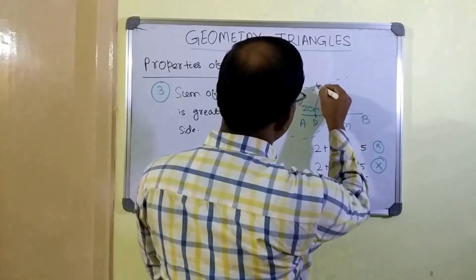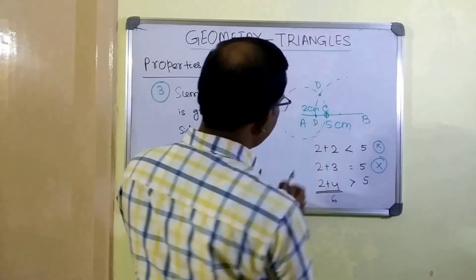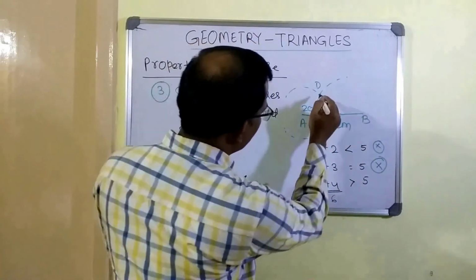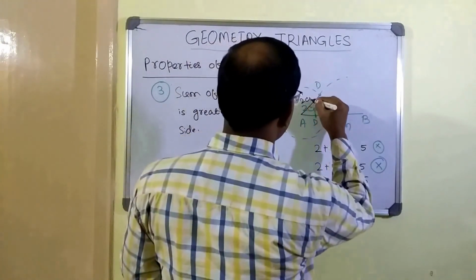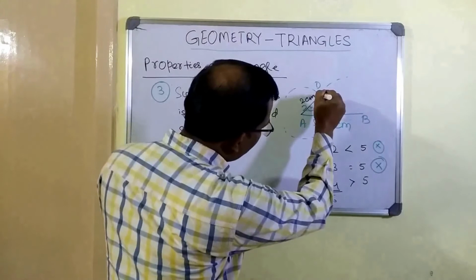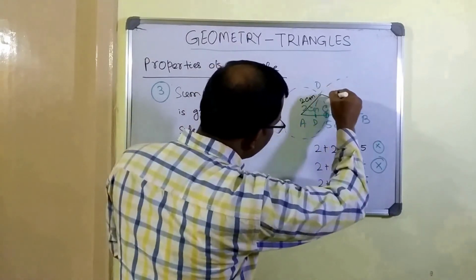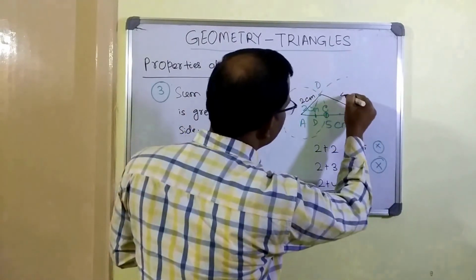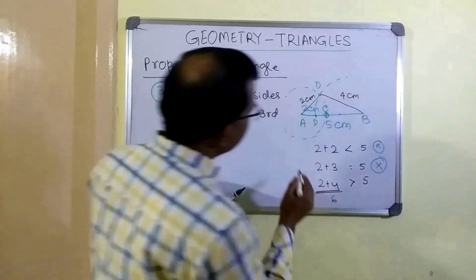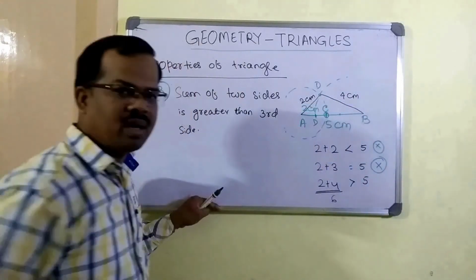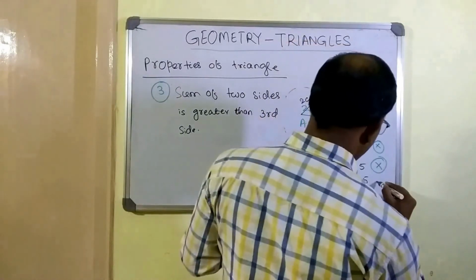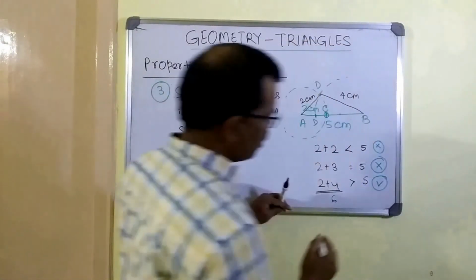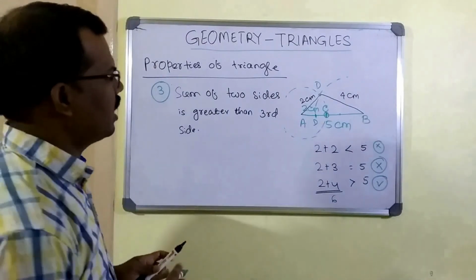Let us say we will call this D. So in that case I am going to draw a line joining D and A, which will be equal to 2 centimeter, and I am going to draw the line from D to B, which will be 4 centimeter. So in that case you can see a regular triangle is formed. So only in this case can a triangle be formed, that is, when the sum of two sides is greater than the third side.